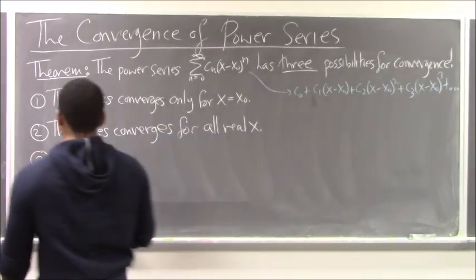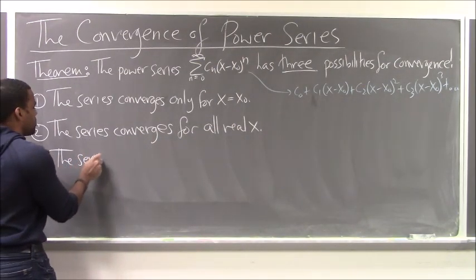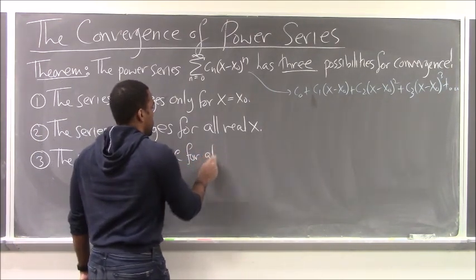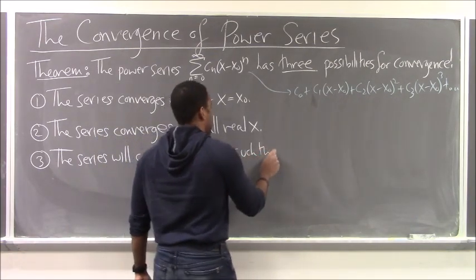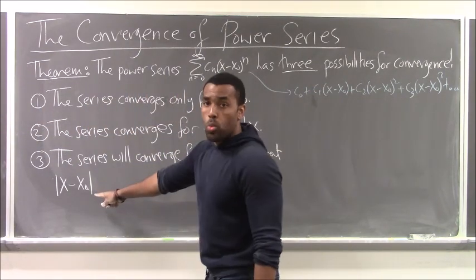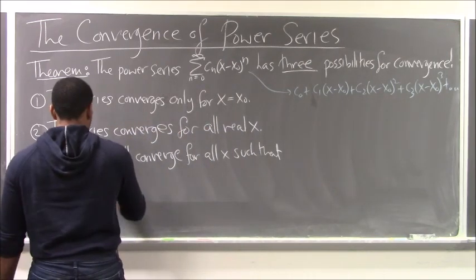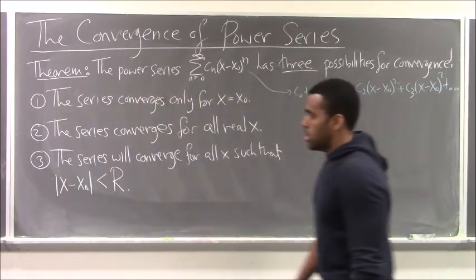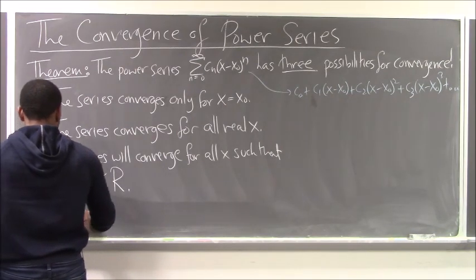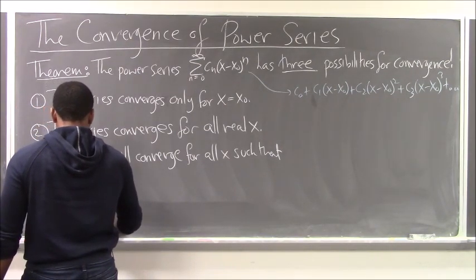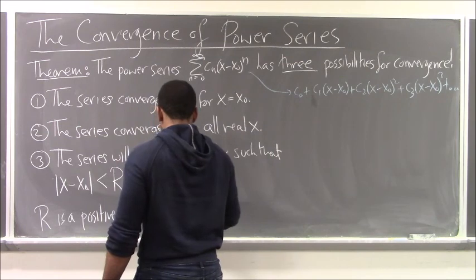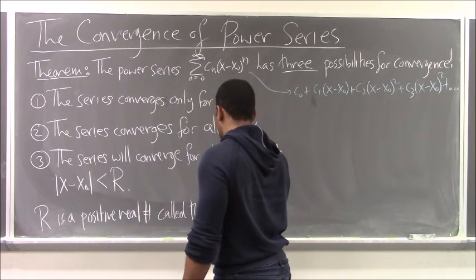No, it actually turns out the series will converge for all x such that the absolute value of x minus x naught is less than R. All x values that are within some distance from the center, we'll call it big R, where big R is a positive real number called the radius of convergence.